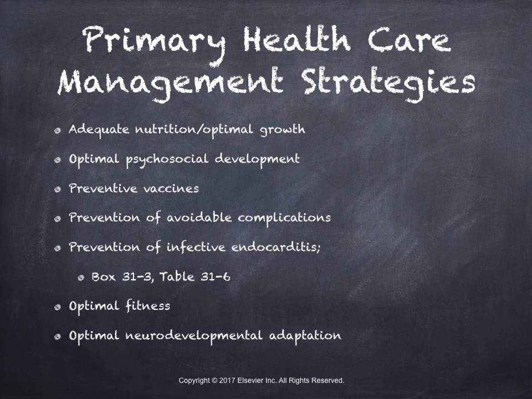Remember that children with congenital heart disease are complex. They will require a medical home. They'll require management of all their specialty appointments, any referrals that need to be made to early intervention, or physical therapy or occupational therapy.